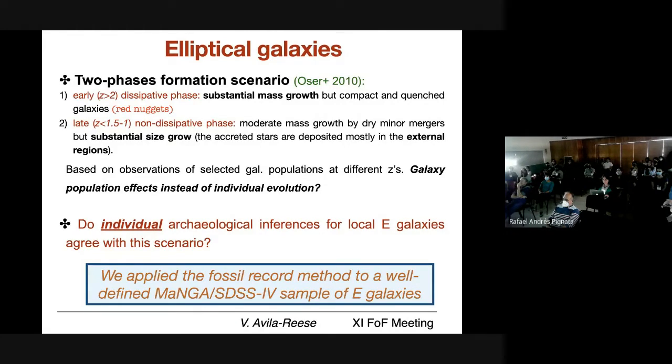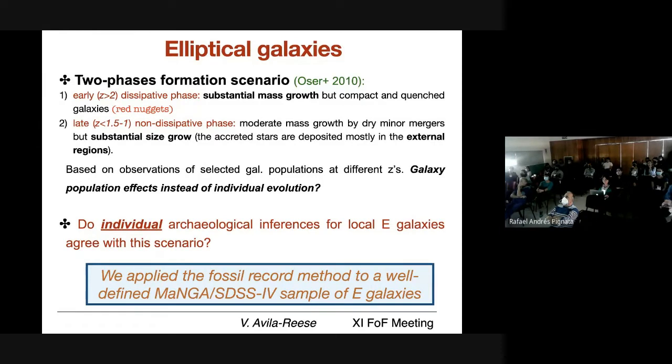After that, in the non-dissipative phase, minor mergers grow the galaxies in the outer regions. The accreted stars are deposited in the most external regions, and the galaxies apparently grow a lot in radius, but not too much in mass. This is the standard scenario of early type galaxy formation.